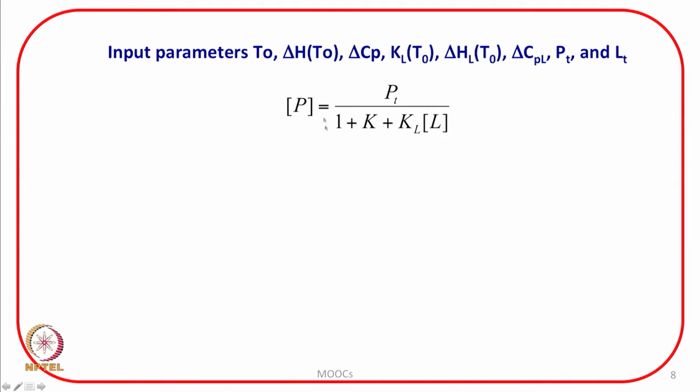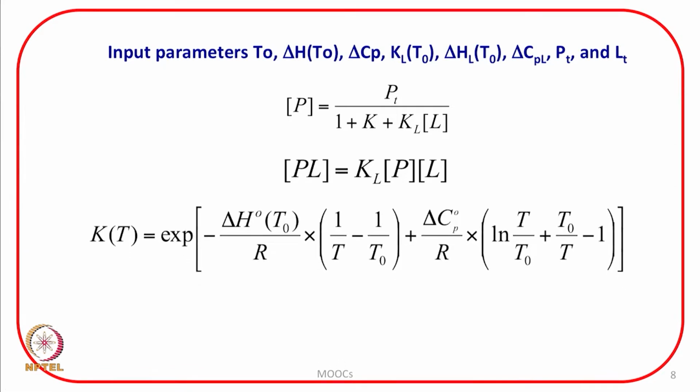The concentration of P is expressed in this form, and the concentration of PL is equal to KL into P into L, and KT is given by this equation.